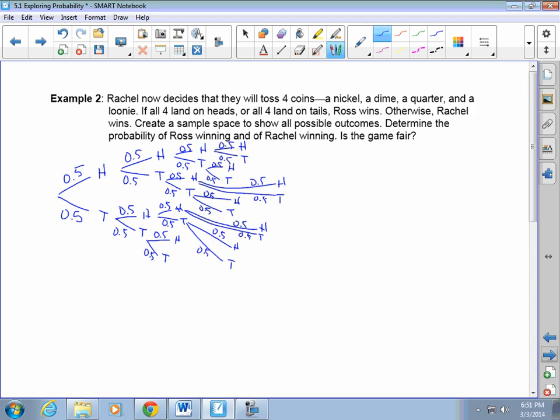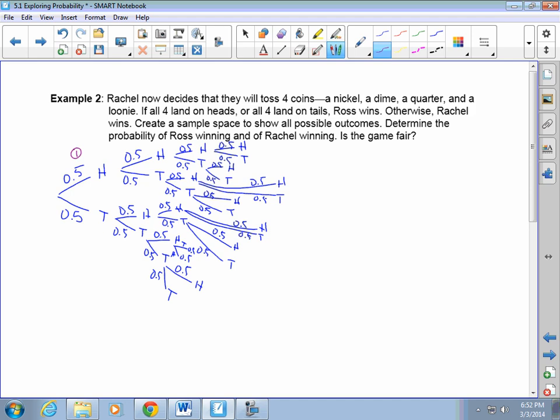Okay, so then on the last coin toss here, if I'd have done this a little bit lower, it would have been easier to see what I'm doing. But the first coin toss could have been heads or tails. So that would have been this one right here.